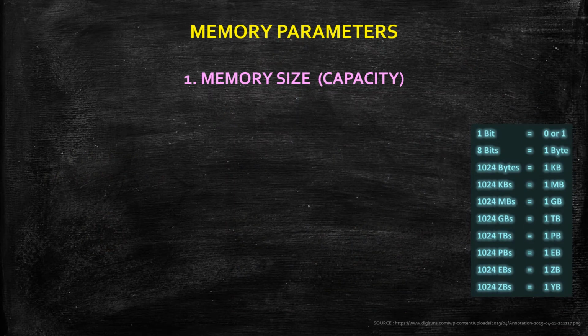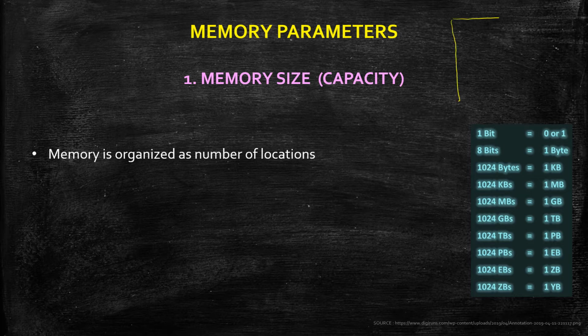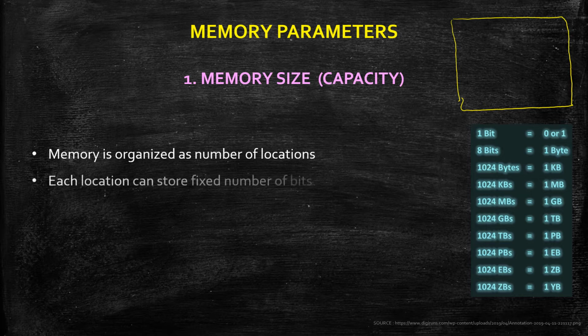Okay, now let's start with the first parameter, that is the memory size or capacity. Normally in a computer system, all the memories are organized in some particular number of locations. Let's take one example. Suppose this is my memory, and I have organized it in such a way that I can have a total of 4 locations.